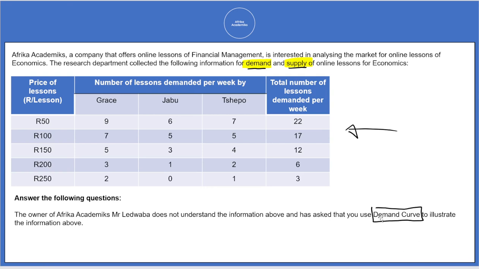So just before we use a demand curve to illustrate the information above, can you guys please tell me if this falls under micro or macroeconomics? Anyone, you can use a chat box or a microphone, depending on what we just discussed. Anyone?